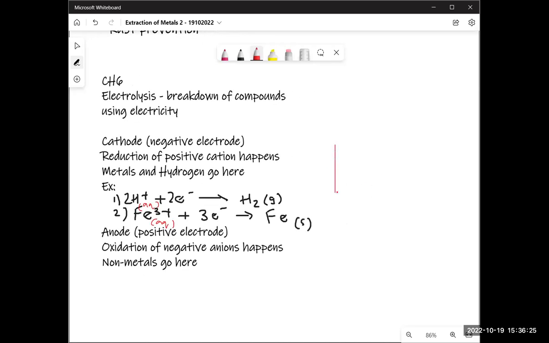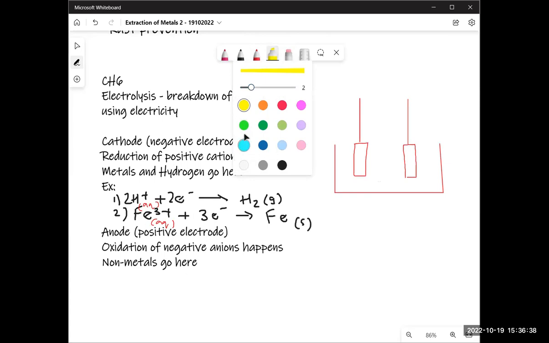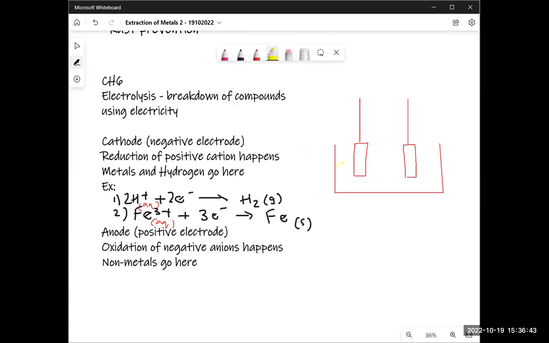And make this diagram as well. It looks like a happy face. It's actually a tank used for electrolysis. This is what the electrolysis tank looks like. Something like this. Perhaps some solution inside it.